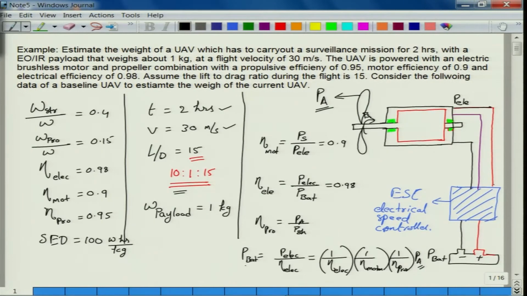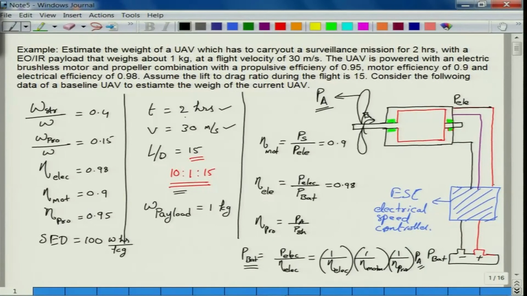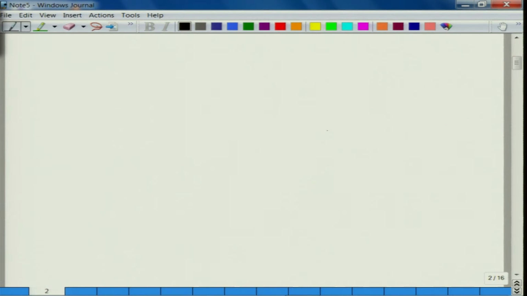Okay. So, finally, if I have to understand what should be the weight of the battery, I need to first understand what should be the power requirement of this entire system, or the power that has to be supplied from the battery. So, how long I should supply this power? It is mentioned, 2 hours here, let us say. So, this power from the battery, so energy at the battery otherwise.